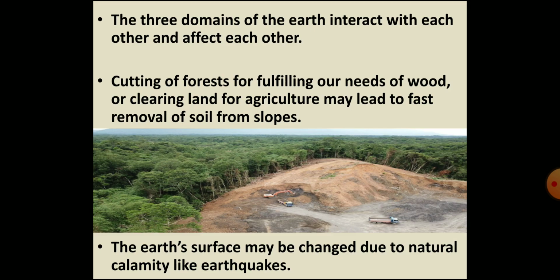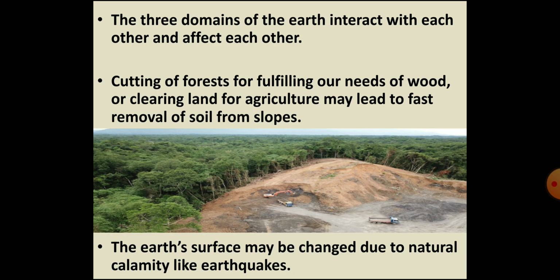Children, the three domains of the earth, the lithosphere, the hydrosphere, and the atmosphere, interact and affect each other. Let's understand it with an example. You know that the forests are cut to fulfill our requirement of wood, or we clear the land so that it can be used for agriculture.